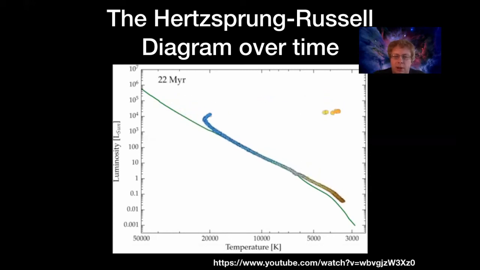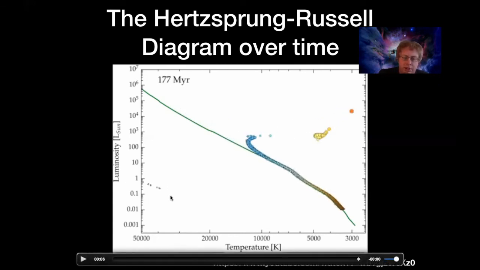So let's continue this for a little bit longer. And you can see that this is happening more and more. And eventually what you'll start to see is a couple of dots down here. So these are the white dwarfs. What's happened is now we've moved into lower mass stars that are starting to run out of hydrogen fuel and starting to evolve off of the main sequence. So what these do is they come over here, they get brighter and they get redder.